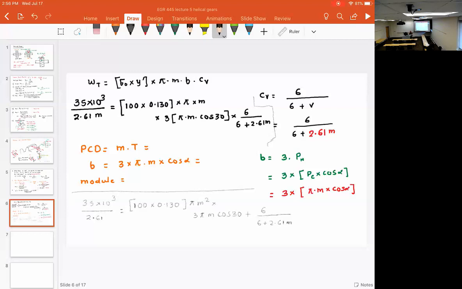Can you tell me what is the number on the left hand side? 13.4 times 10 to the 3. No, I took the m on the other side. Can you tell me the combined number: 100 multiplied by 0.130 multiplied by pi multiplied by 3 pi?